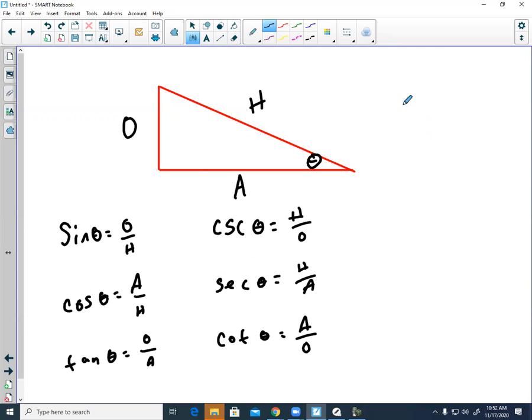This is just SOHCAHTOA. I had a couple people in my geometry class a couple years ago where I wrote SOHCAHTOA. I told them the whole story about SOHCAHTOA, went through the whole spiel. And then after like 6 weeks of me saying SOHCAHTOA and writing this all over the place, they're like, did you realize that the S could stand for sine, the O could stand for opposite, and the H could stand for hypotenuse?